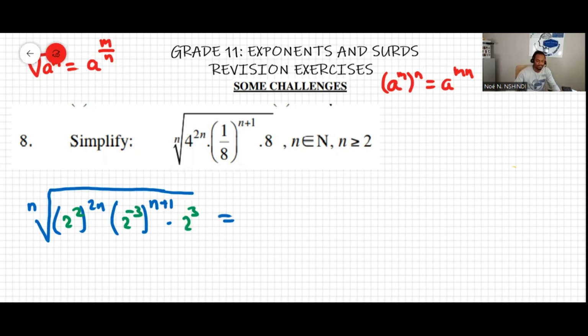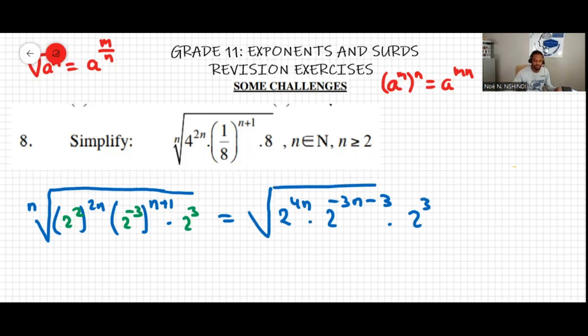Okay, then within the nth root we can write 2 to the 4n multiplied by 2 to the negative 3 times n plus 1. Careful here, it's negative 3 times n and negative 3 times positive 1. So negative 3n minus 3, times 2 to the 3.